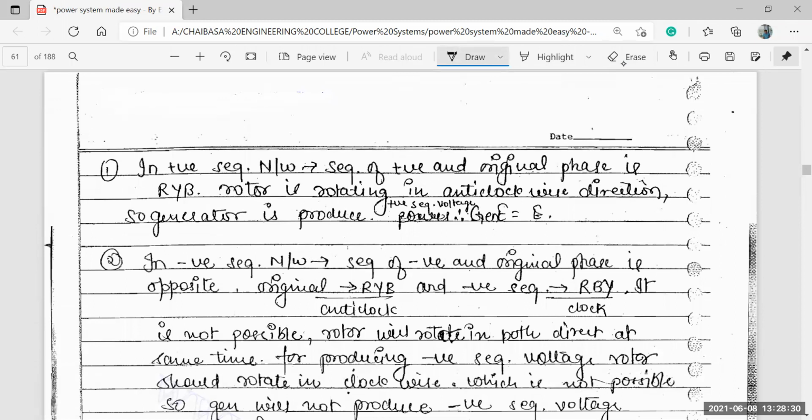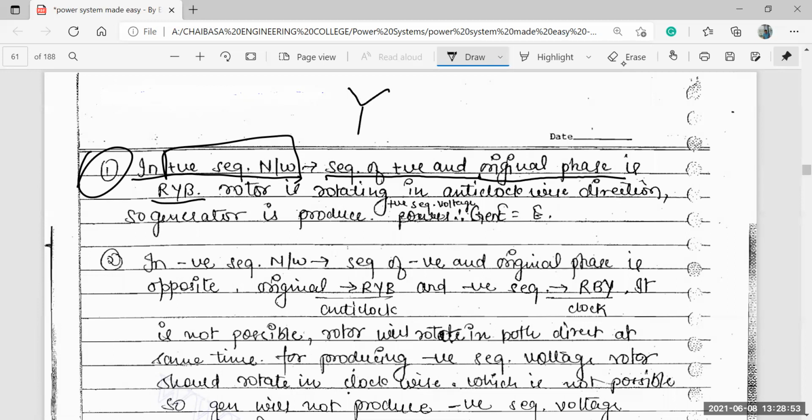We'll see for your positive sequence network. In the positive sequence network, the sequence of positive and the original phase is R Y B. If we take this as your original phase, R Y B, then in the positive sequence network the sequence of positive and original phase networks are the same.